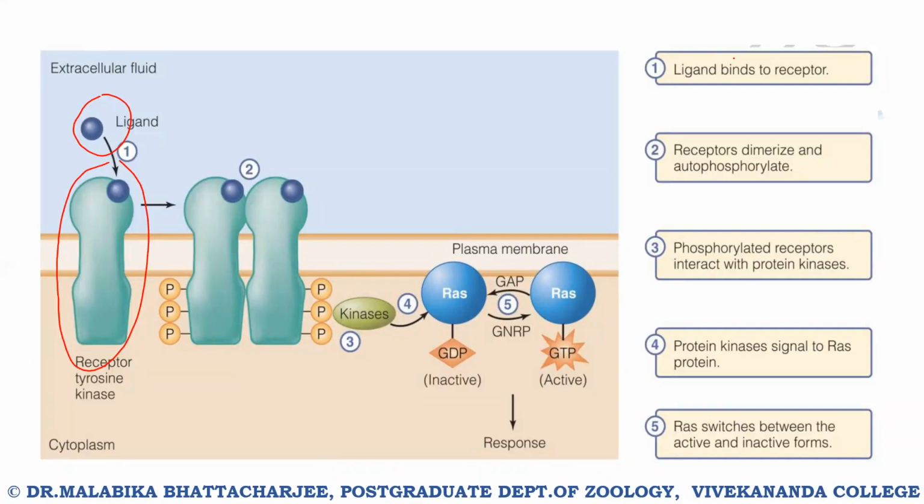Some very important examples of receptor tyrosine kinases, as we go through, we will again see, but let me speak it out here: the epidermal growth factor, the platelet derived growth factor, basically the growth factors, the fibroblast growth factor, hepatocyte growth factor, insulin-like growth factor, vascular endothelial growth factor.